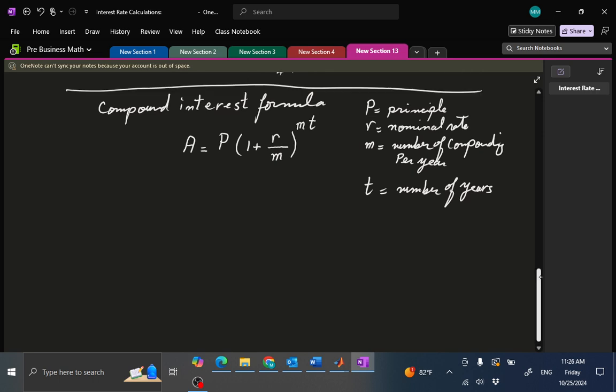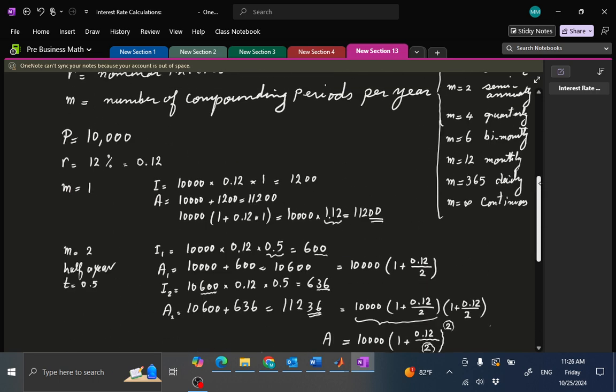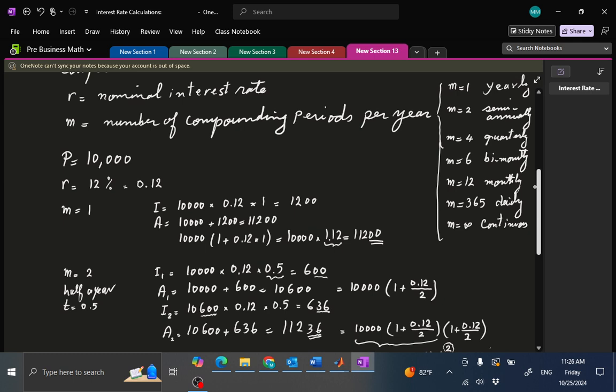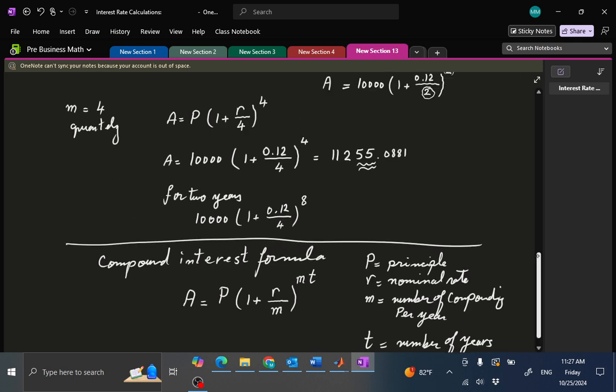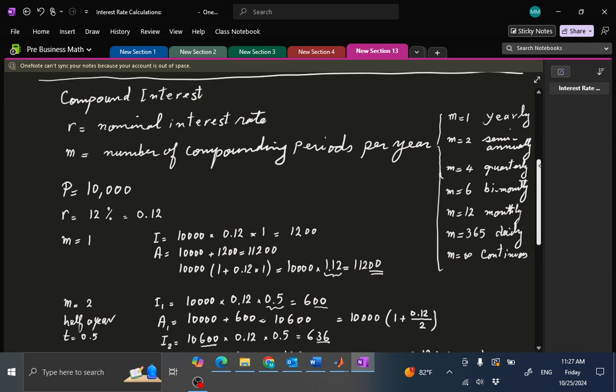Now, we said there's an extreme case of continuous compounding. What does that mean? You can insist on the bank giving you your interest every month, every season, every 6 months, every whatever it is.